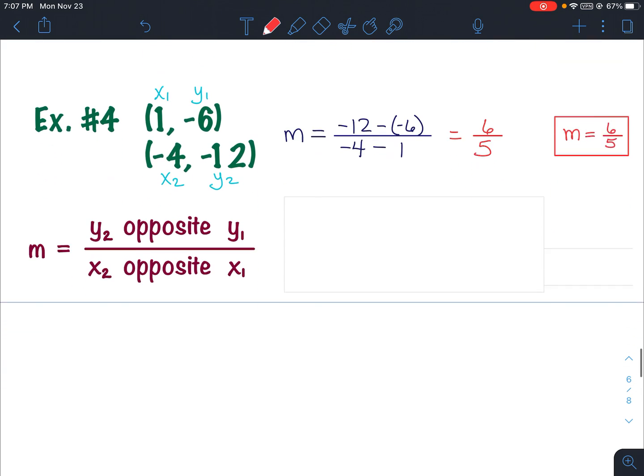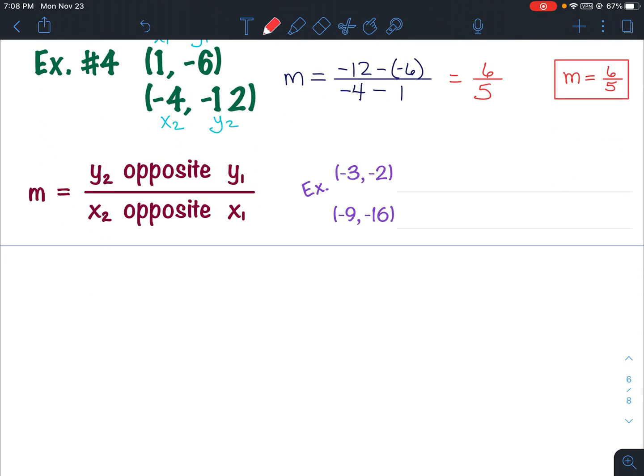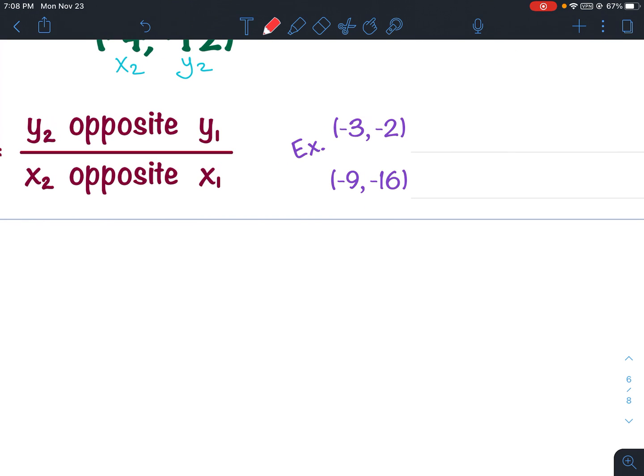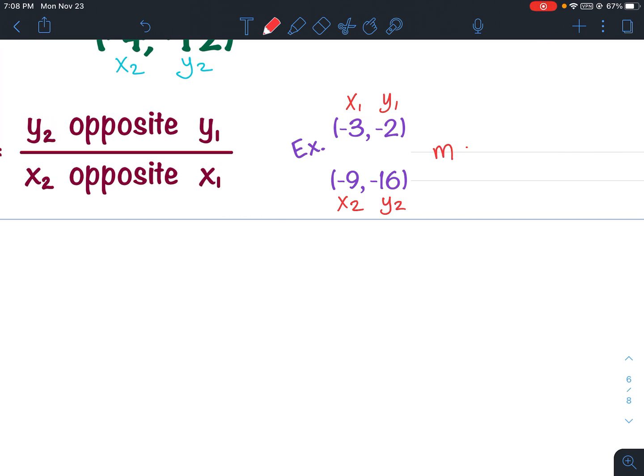Okay, so let's do an example to show you what I mean. So let's use -3, -2, -9, -16. So we'll call this x1, y1, x2, y2. So my slope will equal y2, which is -16, and then put the opposite of y1.